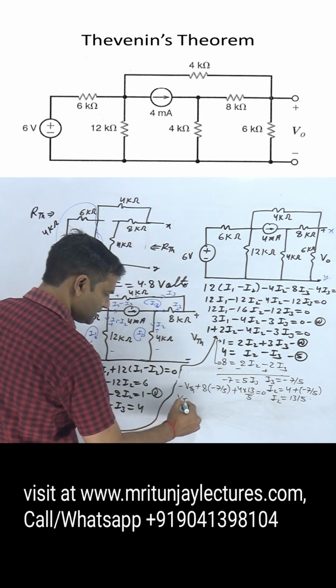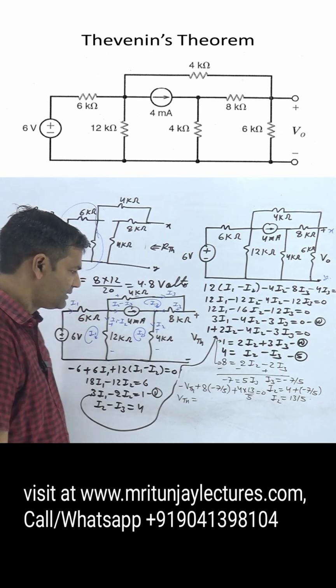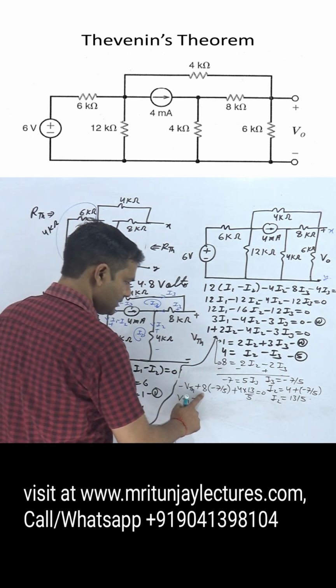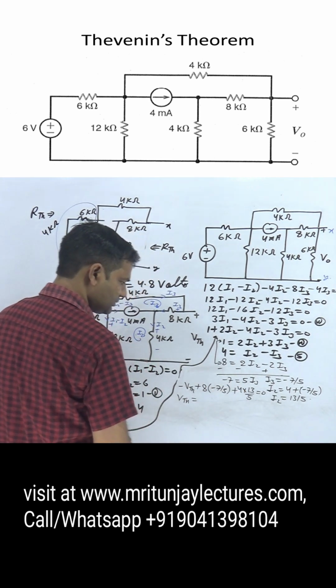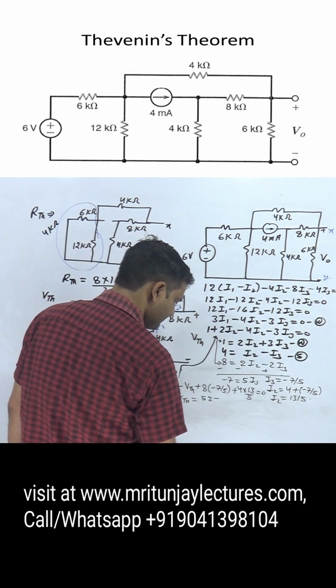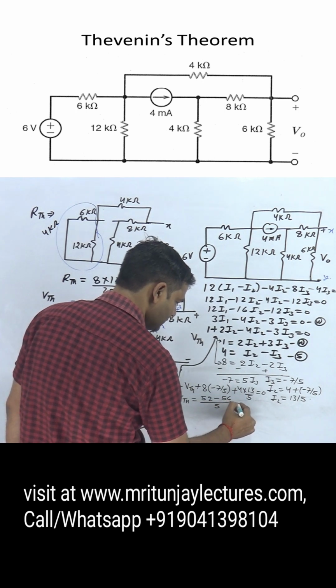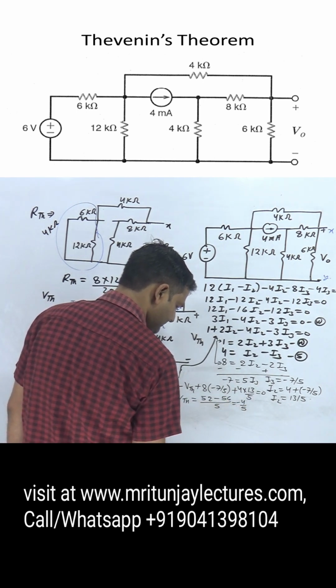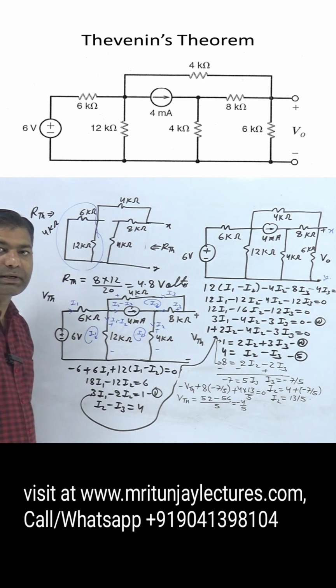So what about VTH? VTH is 52 minus, we got minus 4 by 5. Okay, minus 4 by 5.